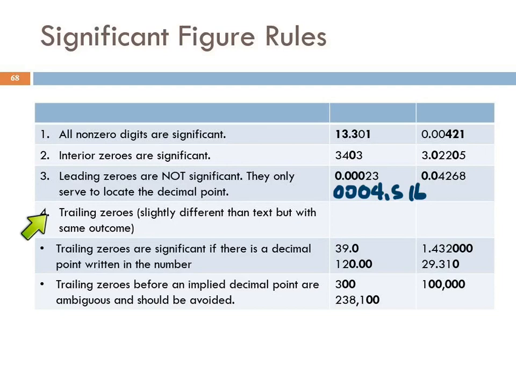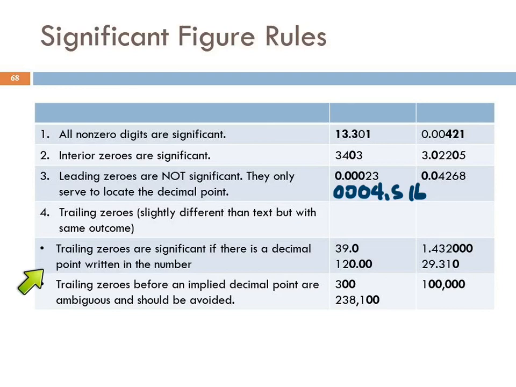And then we have the trailing zeros. So what I'm telling you here is slightly different than what your textbook says. It has the same outcome. If the textbook explanation makes more sense to you, great, use it. I find that my explanation obviously makes more sense to me, but it also makes more sense to most of my students. So the trailing zeros, these are the ones that come at the end.